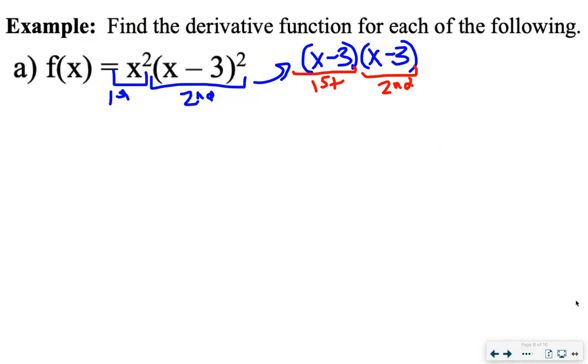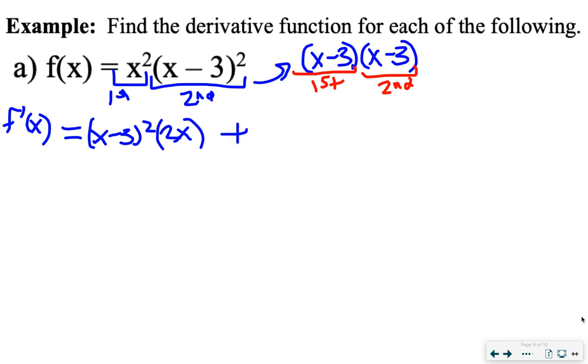So my derivative of f of x, f prime of x, is second d first plus first d second. Second is x minus 3 squared, derivative of the first just uses our power rule, so I get 2x. Second d first plus first, so x squared times the derivative of the second.